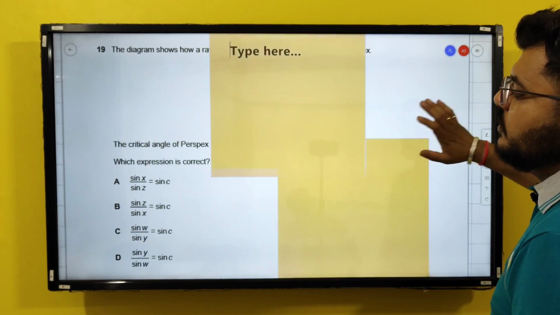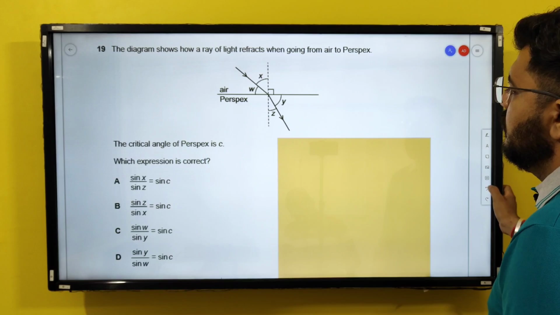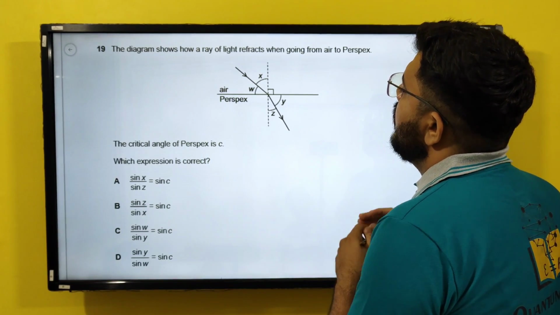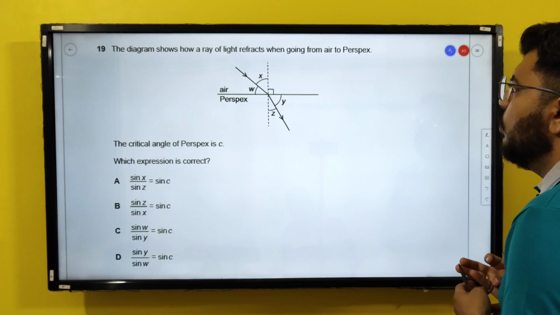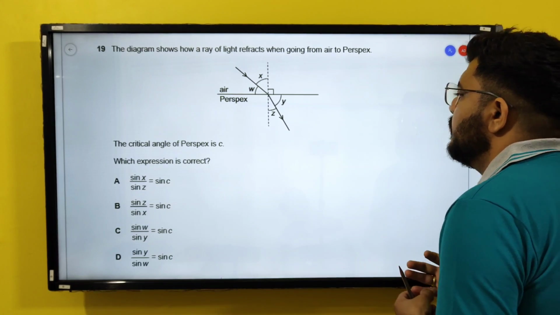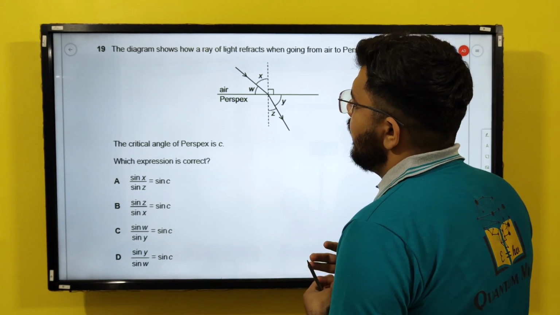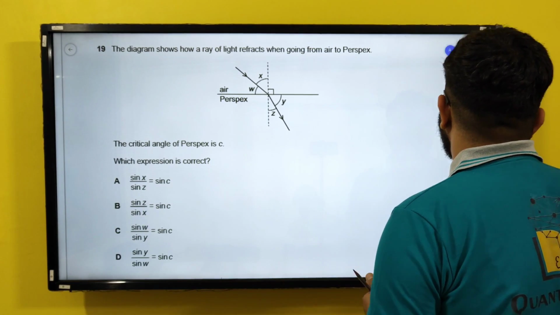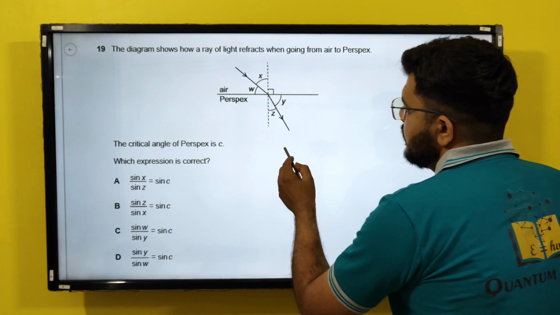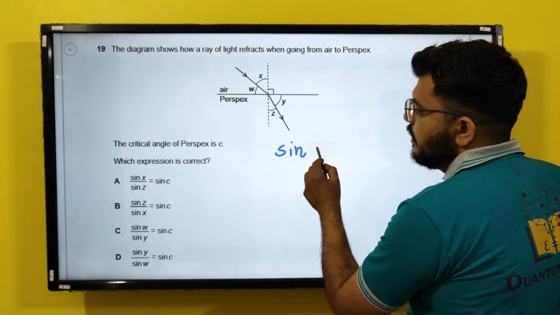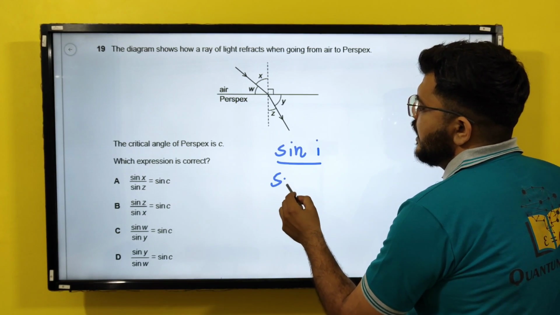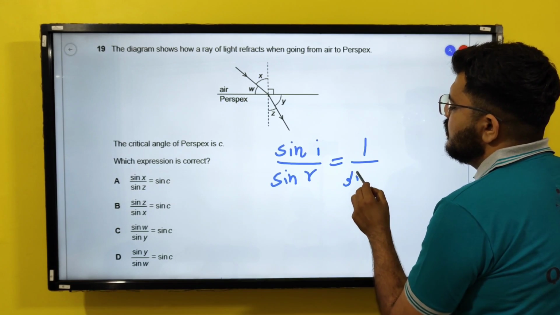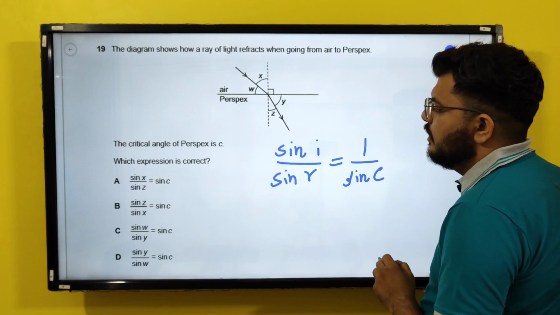Okay, next question. The diagram shows how a ray of light refracts when going from air to perspex. The critical angle of perspex is C. Which expression is correct? We know that sin I upon sin R is equal to 1 upon sin C, right?